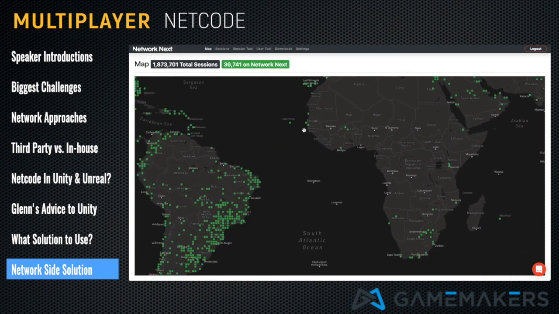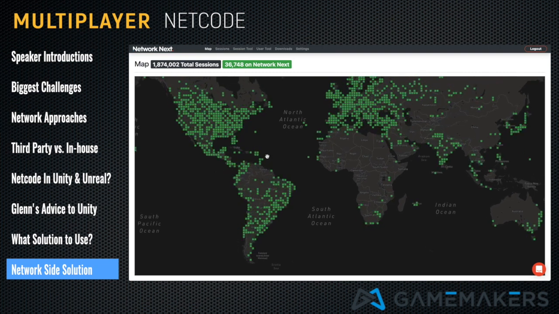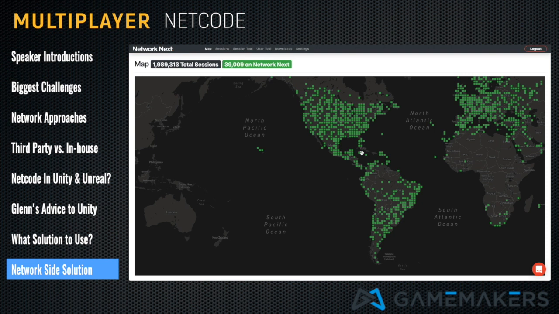Are there bigger improvements in the Middle East? Yes. But then you find weird stuff like at a certain time of day, someone on Google Fiber gets a big latency reduction taking Network Next to a Google data center. What? Right? The internet just has this weird weather, right? It's just weird.